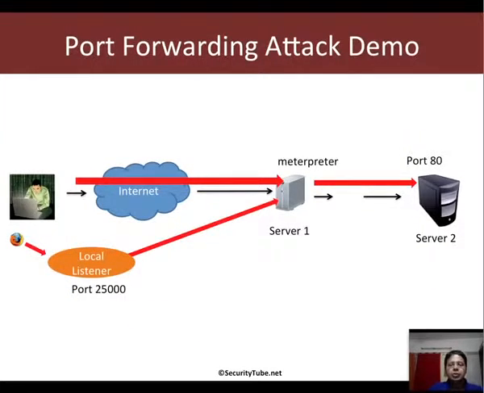So in a more real life scenario, let's say we wanted to reach port 80 on server 2, which is running an intranet web server, then we would set up port forwarding via server 1 to reach that intranet application, which may contain important announcements about the company and a ton of other things.